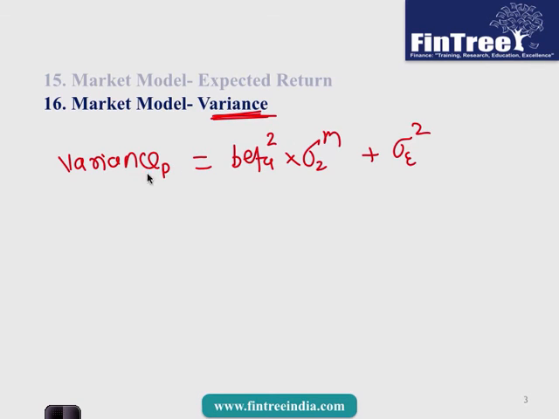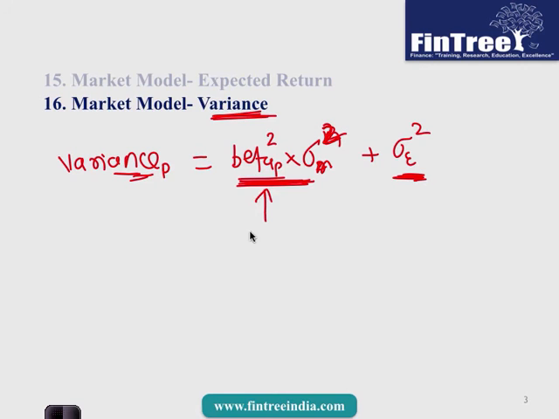So variance of asset P, this should be square. Variance of asset P would be equal to beta square into variance of market plus variance which is stock specific.